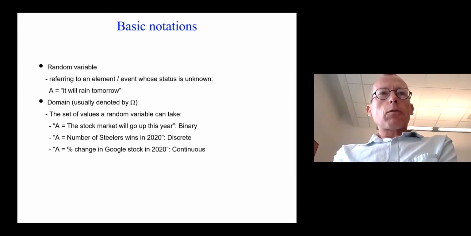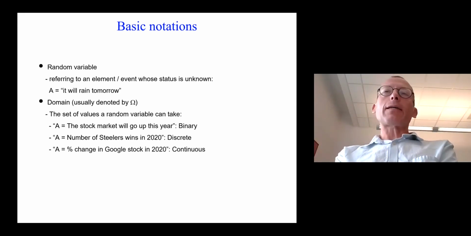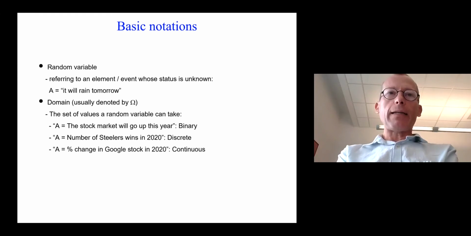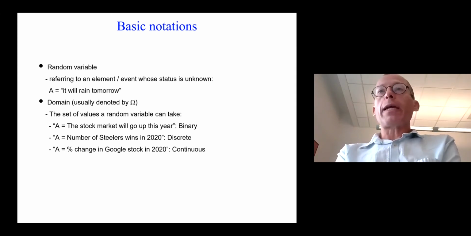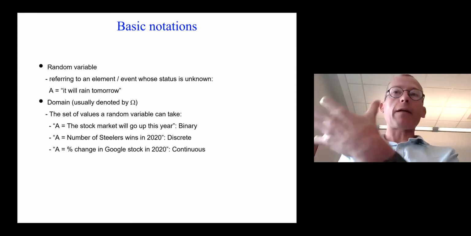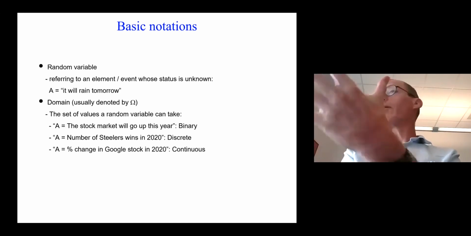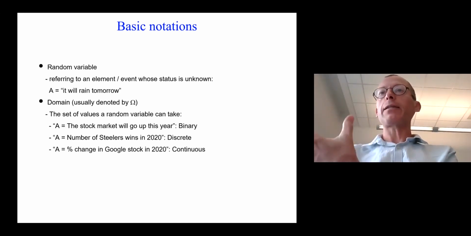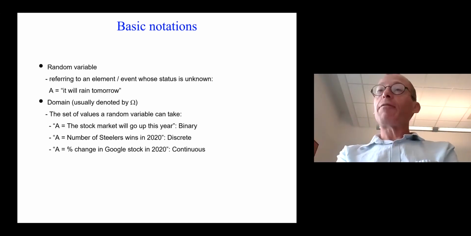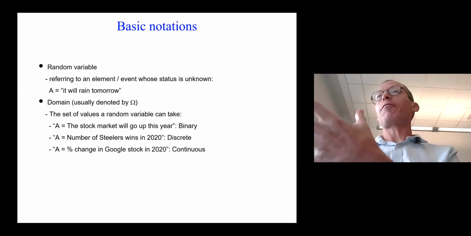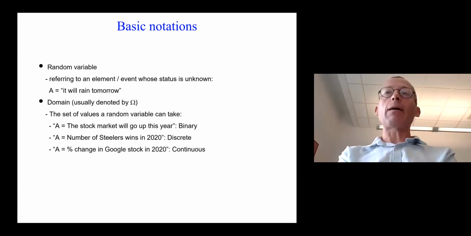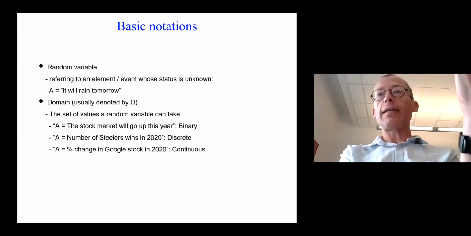Okay, so we have random variables. The values of random variables come from domains. Domains are the set of values that a random variable can take. For example, we can have a binary random variable, whether the stock market will go up or whether it will rain tomorrow. That's a binary, yes or no. We can have a discrete random variable, so it can have one of a limited number of values. If we roll a dice, then it has 6 values.